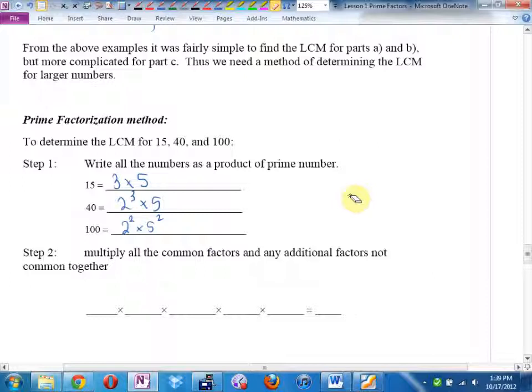And here's what you want to do. Look at the 2's. What's the biggest power of 2 in any one list? 2 to the third? So let's write that down. What's the biggest power of 3 in any one list?